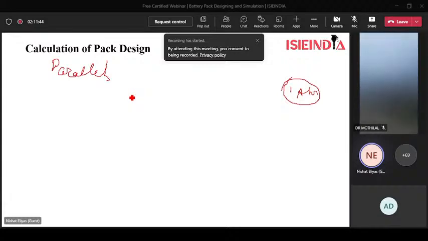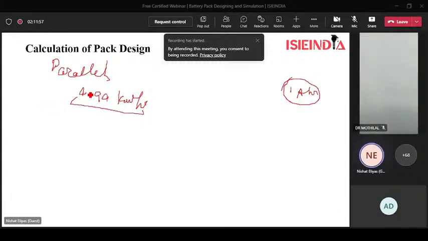In our case we got that we require a battery pack of 4.94 kilowatt, which can provide this much power. So to check how many cells we have to connect in parallel, we will divide the battery pack capacity with the nominal capacity of the cell, the cell which has been fabricated.